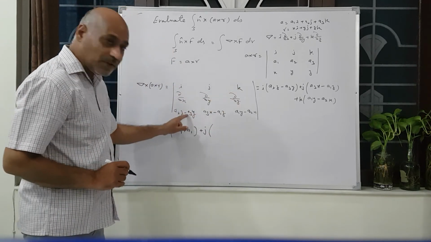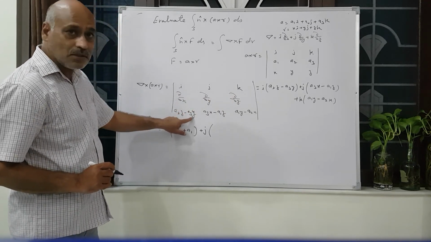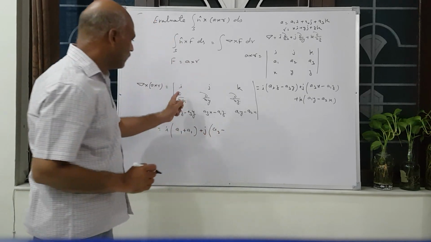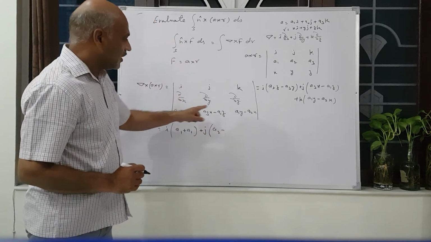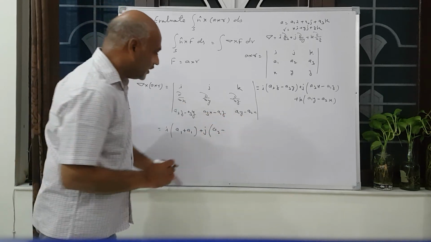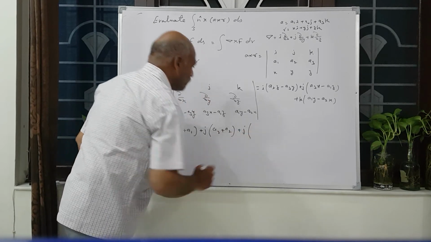Now change the order: with respect to z, this remains 0, z means A2, minus this with respect to x, y is 0 and minus A2, so minus minus plus A2 j.